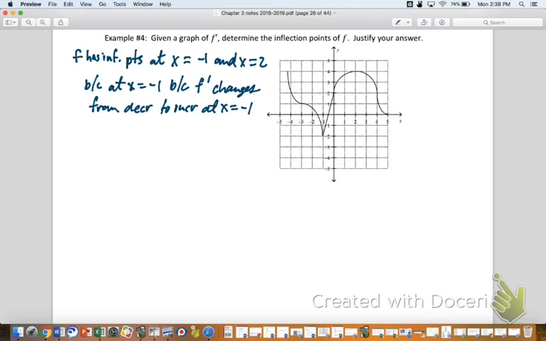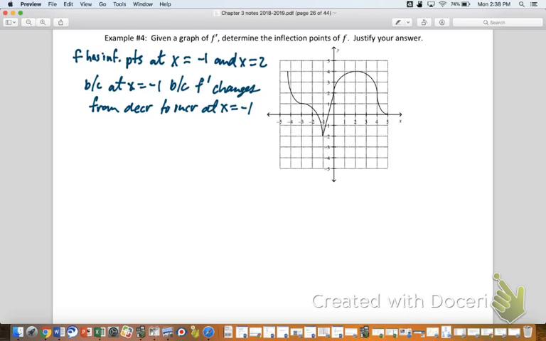So if you said f double prime changed signs, and that's all you said, I think we might have an issue. But if you said f double prime changes signs from negative to positive, I think we're talking about the same question. So be careful with that. That make sense? Yeah. Okay. Yes, ma'am. So in this case, decreasing and increasing can be synonymous with negative and positive? Be careful.